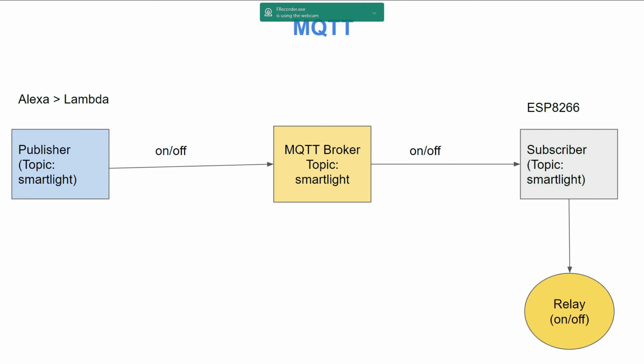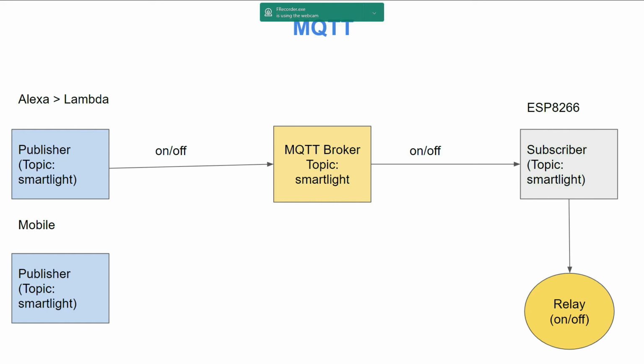Now, another important thing that you need to understand is, can there be only one publisher for a particular topic, or can there be more than one publisher for a particular topic? The answer is, there can be more than one publisher for a particular topic. For example, there could be another publisher on the same topic, Smartlight, which is my mobile phone. Let's say I have a mobile application which has the capability to send MQTT messages on a particular topic.